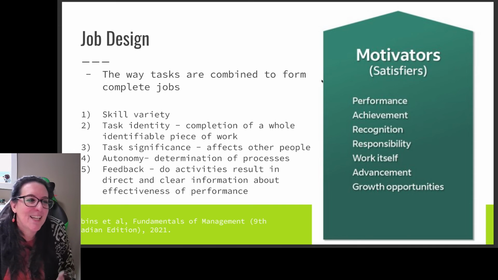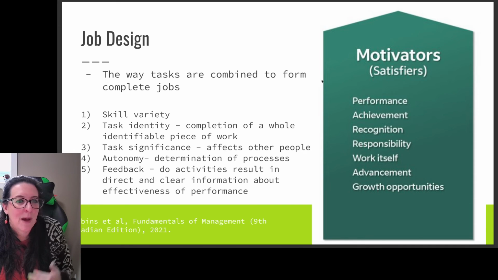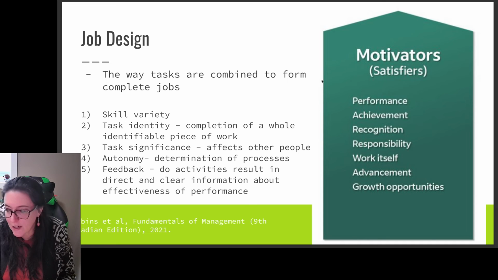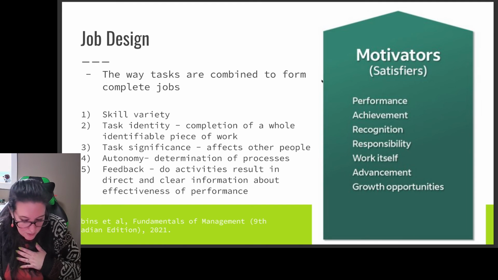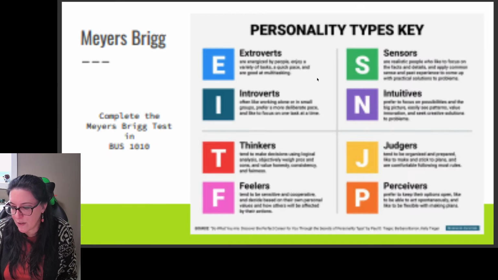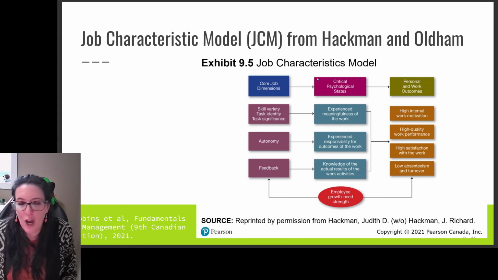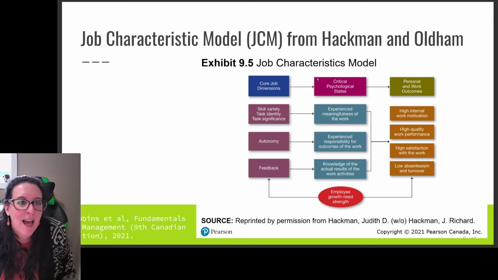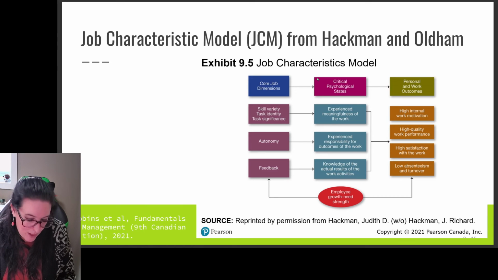So we've seen this list before when we talked about designing jobs and motivating people. And you'll recall here as we looked at motivators and then we looked at the job characteristic model from Hackman and Oldham, using this job design, setting up the job characteristics and aligning them with outcomes in terms of tying it to that motivation.